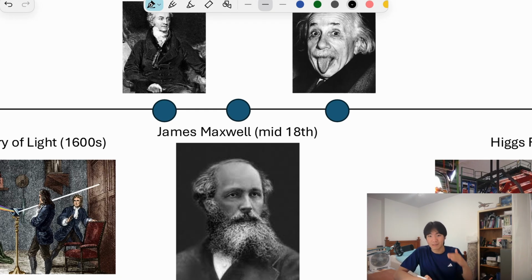By proving that visible light belongs to the electromagnetic spectrum, with radio waves, microwaves, infrared light, X-rays, gamma rays, and visible light just in between the infrared and the ultraviolet light, that's what he sort of proved.